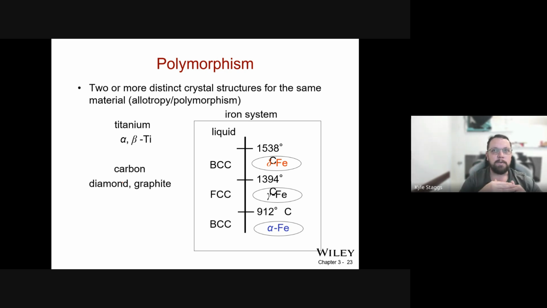Then as you go up in temperature, you start to see gamma crystalline structures form until about 1394 C, and then you'll see face-centered cubic form. The gamma form, then delta goes back to body-centered cubic again, but at this higher temperature.